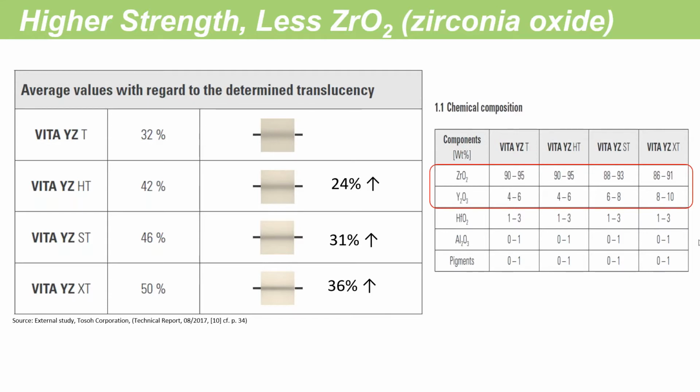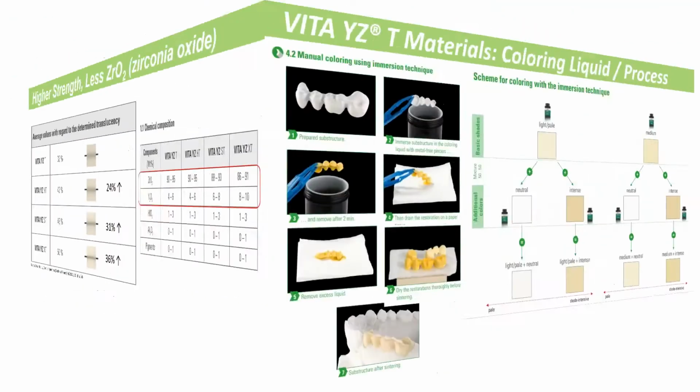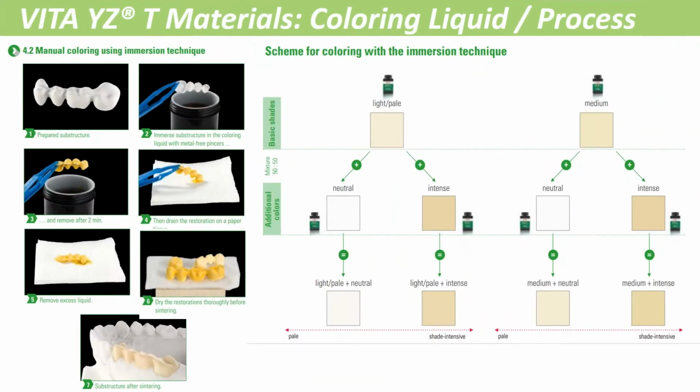All right. And then as we transition to our ST and our XT, which have much higher translucency, we go down in strength. So it depends on what we're trying to do with this. But you can see that what this really comes down to is light transmission and color.